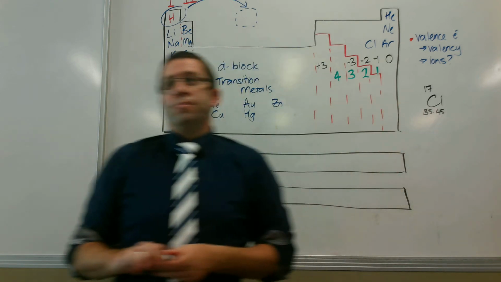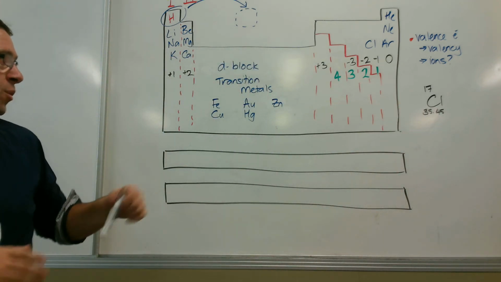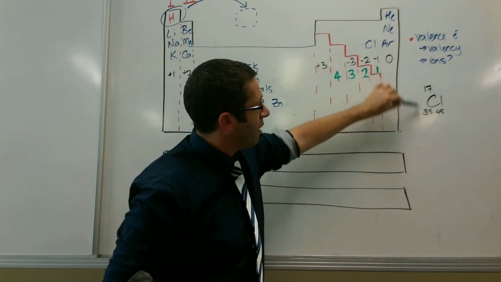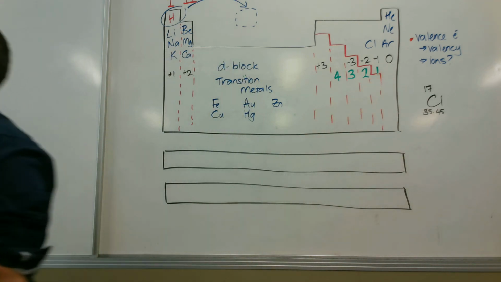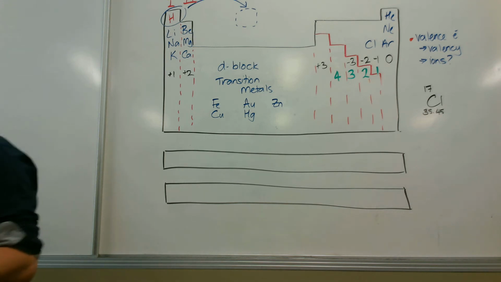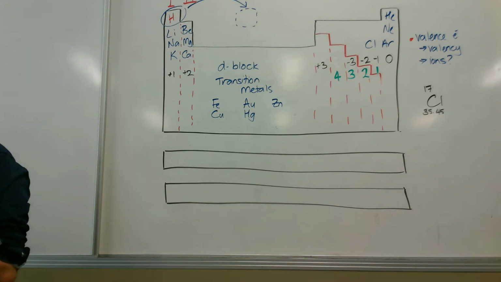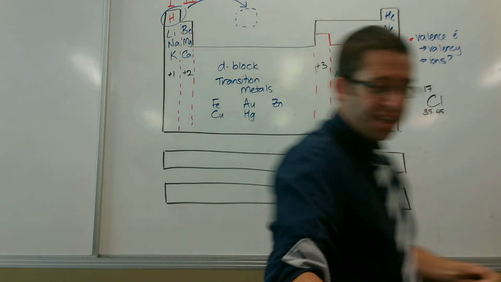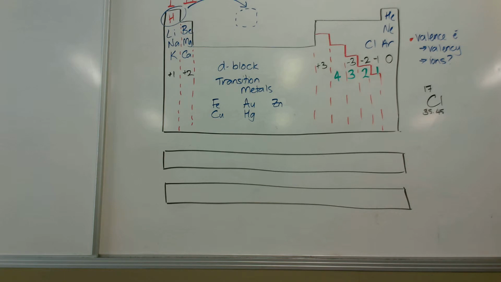This is its symbol. Now symbols are done a funny way. The big number really should be at the top. This tells me quite a lot as well. The 17 is, what do we call that? The atomic number. Okay, what does the atomic number tell me about this atom?